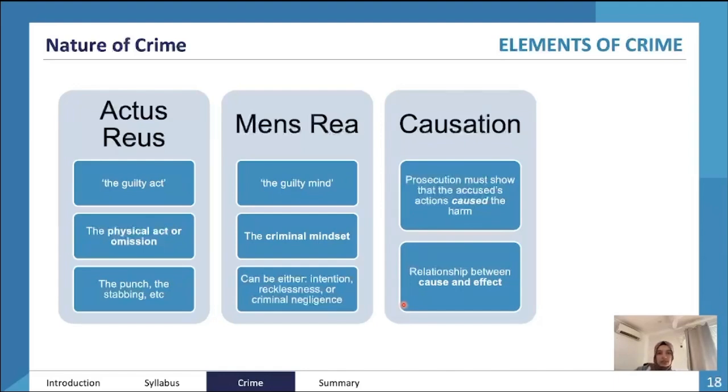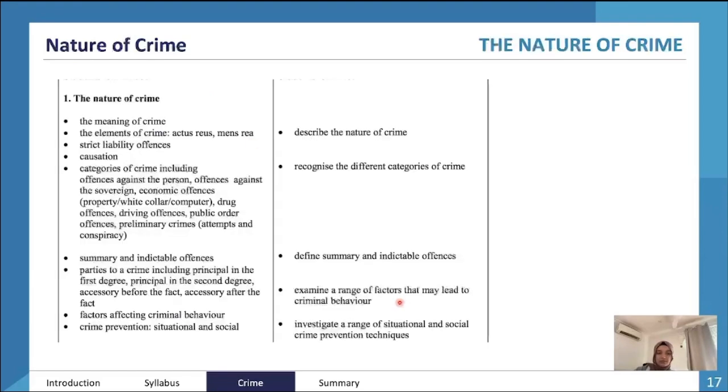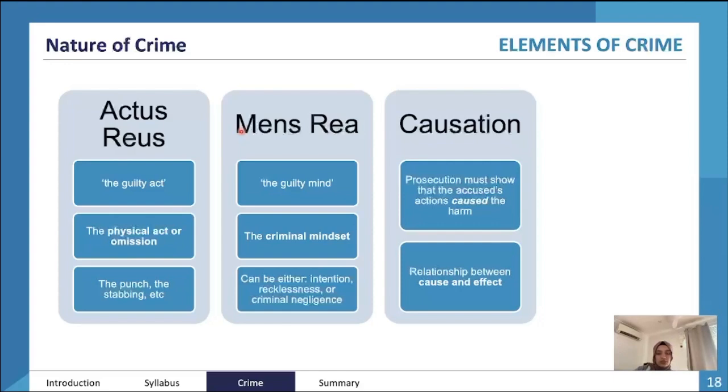So what are the elements of crime? Well, we've got actus reus, mens rea, and then we'll also have a look at causation as well. So, actus reus, what does it mean? It means the guilty act, basically. It means a physical act or omission. Act, we know what that means. It's the action of doing something that is wrong.